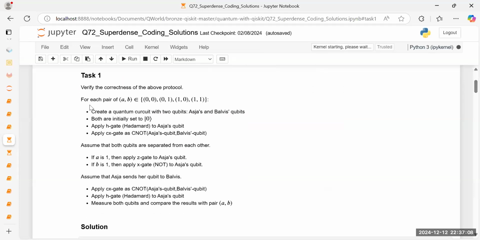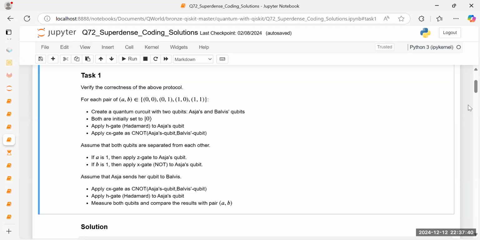Okay, so this is the setup for our circuits. We have our two qubits, one for Azure and one for Balvis, and they are both initialized to the 0 states. Then we apply a Hadamard gate to Azure's qubit and a CNOT on the two qubits. Finally, when Azure and Balvis are separated, depending on the information Azure wants to send, she can decide to apply the Z gates or the X gates or both, or none at all.